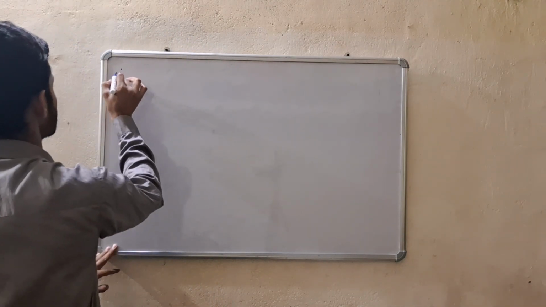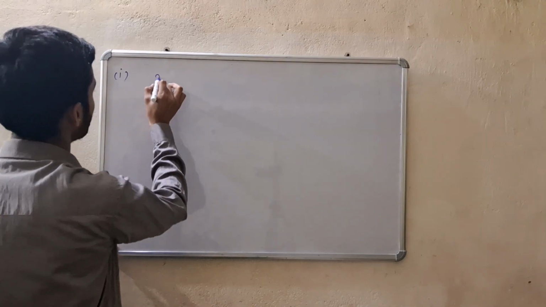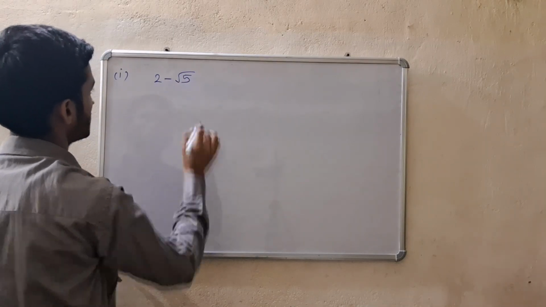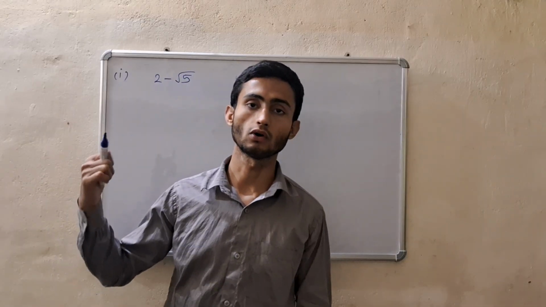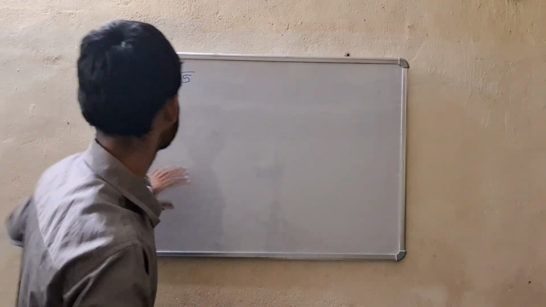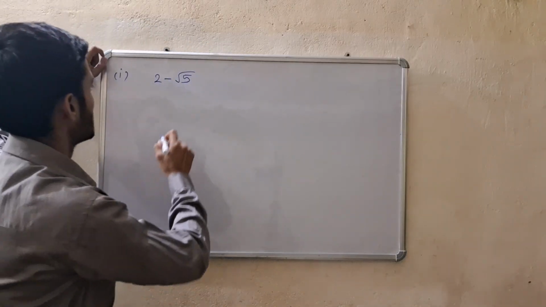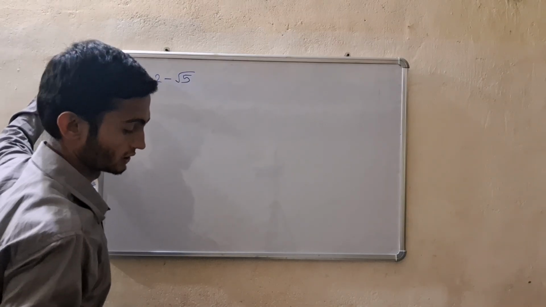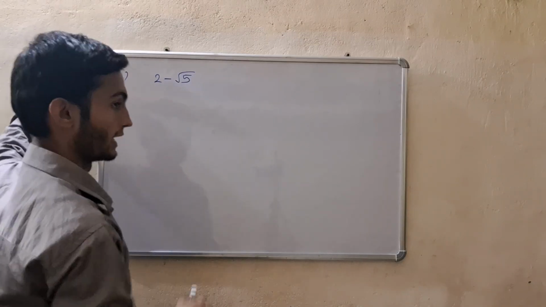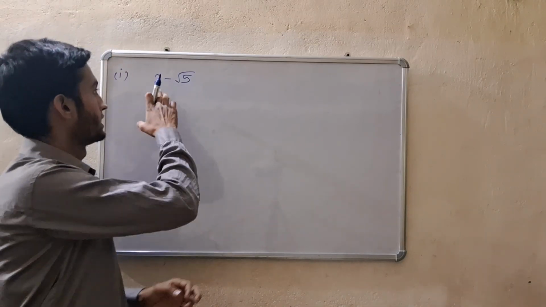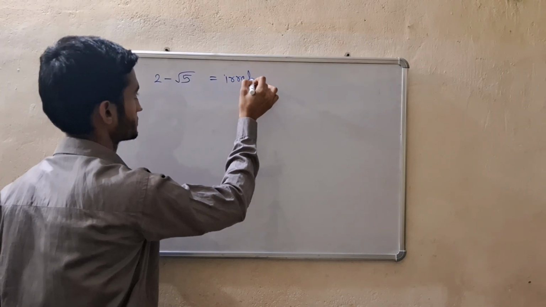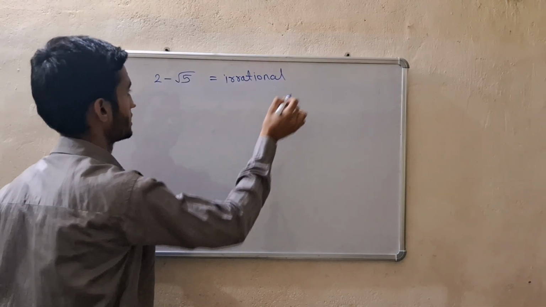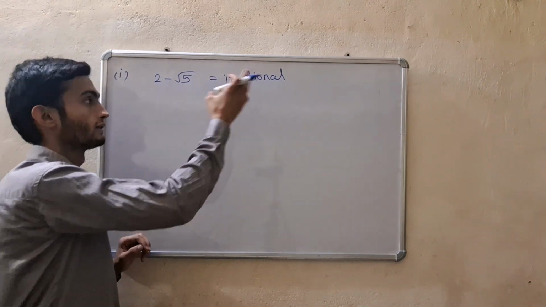The first number is 2 minus square root of 5. What type of number is it? Is this rational or irrational? Look at this difference. So square root of 5 is irrational, you know it, right? And 2 is rational. When you mix a rational with an irrational, you always get irrational.